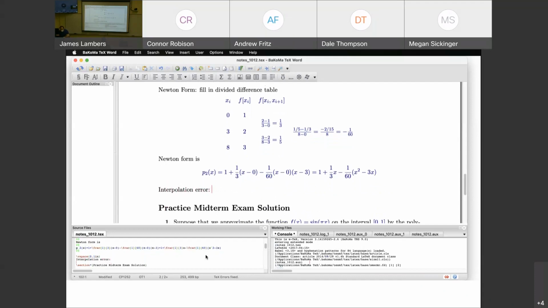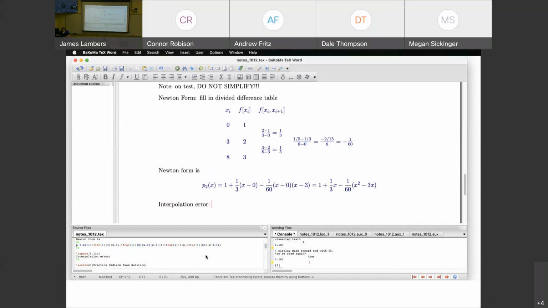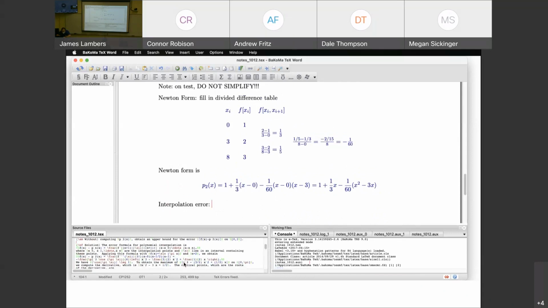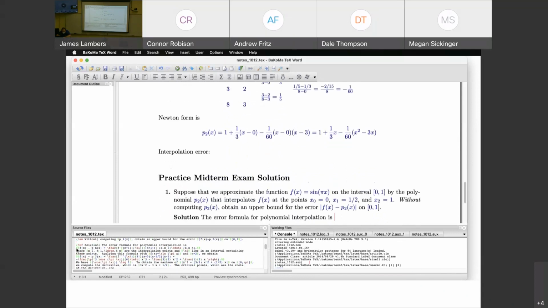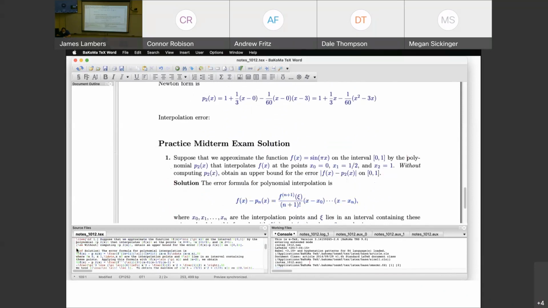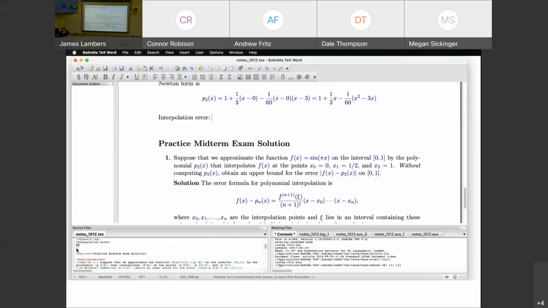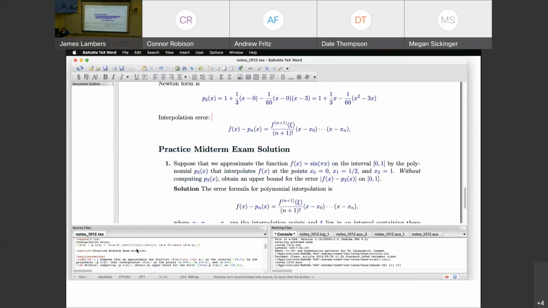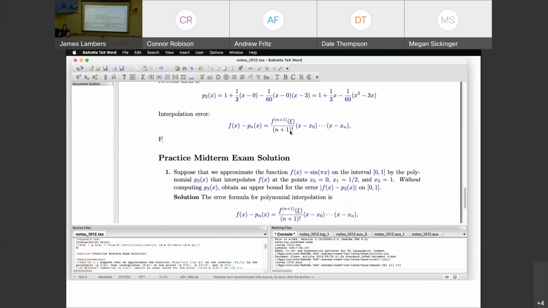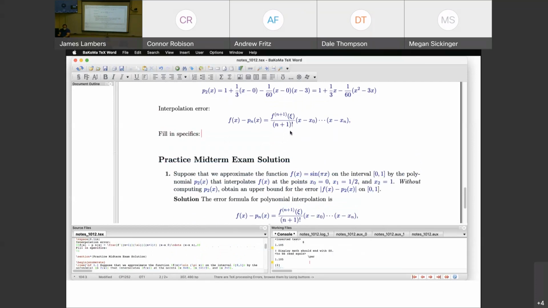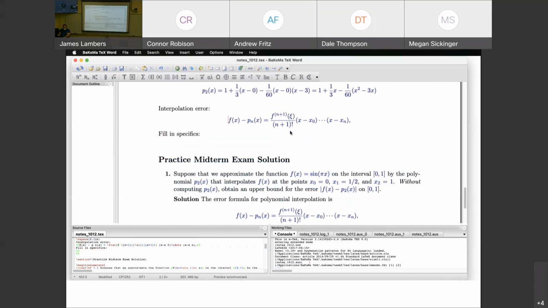Okay. Down here I have the general formula, so I'll just bring that up here. Now I will fill in, in this case n is 2. And then we can deal with getting an upper bound.